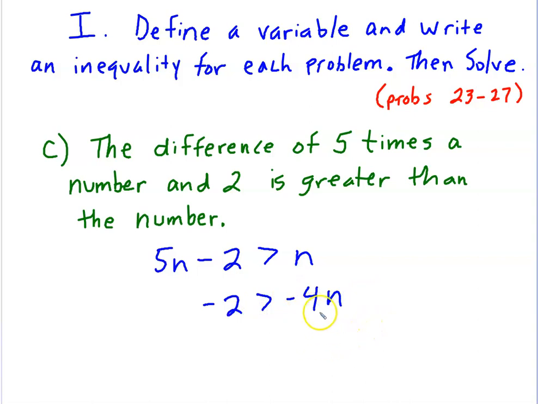And since I'm dividing by a negative number, I have to remember to switch the inequality. So I'm going to be dividing by -4. So that makes positive 1/2, and this is going to become less than n. Or if you prefer, like I typically do, I like to put the variable on the left. So this would also be true: n is greater than 1/2.